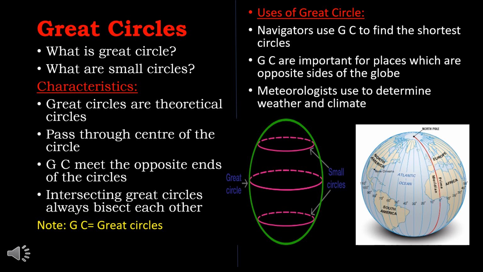Uses of great circles. Navigators use great circles to find the shortest distance between any 2 points on the earth's surface. A great circle route is the shortest distance between two places on the earth and lies on the arc of a great circle.